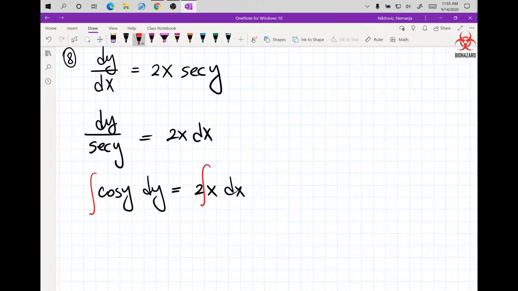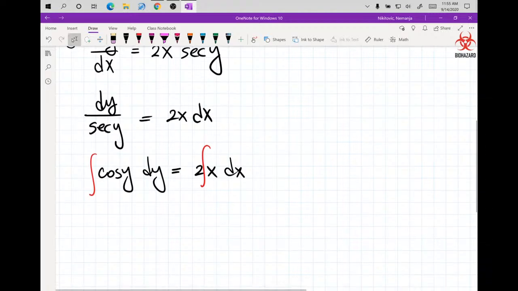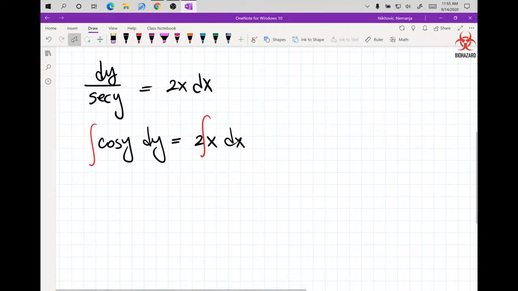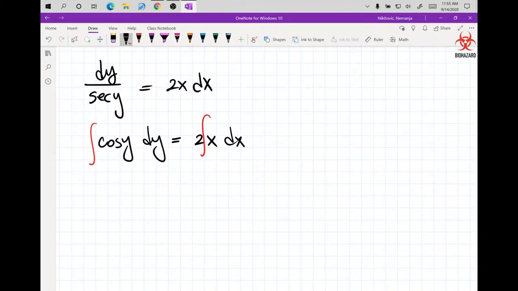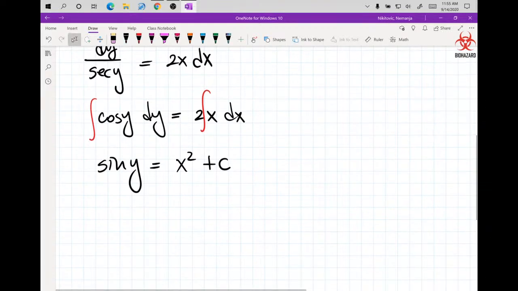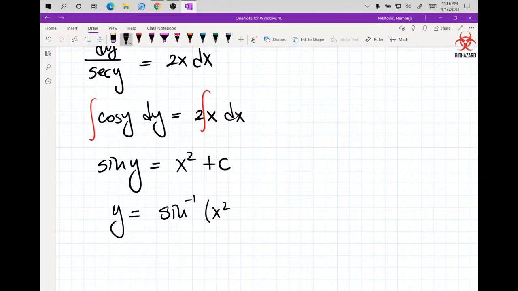You can kick the constant out like I did, or you can leave it in, whatever. The answer is going to be the same. So you have sine y is equal to x squared plus C. And the general solution is going to be inverse sine of x squared plus C. And that's it.